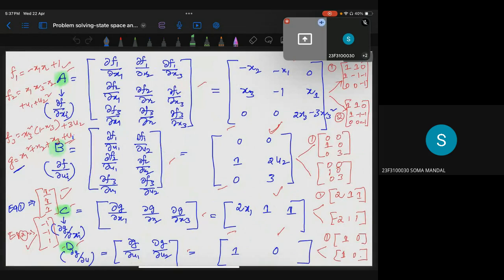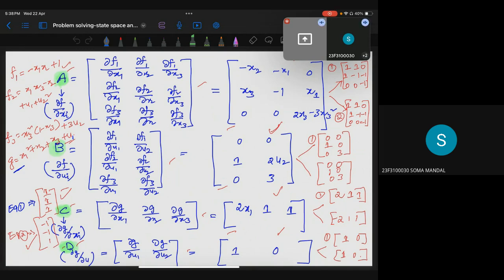Now the A matrix is like this. The first row consists of dou F1 by dou X1, dou F1 by dou X2, dou F1 by dou X3. Similarly, you have dou F2 by dou X1, dou F2 by dou X2, dou F2 by dou X3. Then dou F3 by dou X1, dou F3 by dou X2, dou F3 by dou X3. Is this clear?